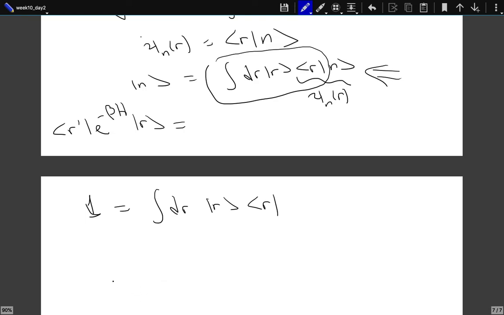But if I inserted the eigenvectors of the Hamiltonian, then the integration would have to run over E, right? If I use the eigenvectors of the Hamiltonian, the eigenvalues will be discrete, so it's a summation. So you are proposing we should insert this identity.